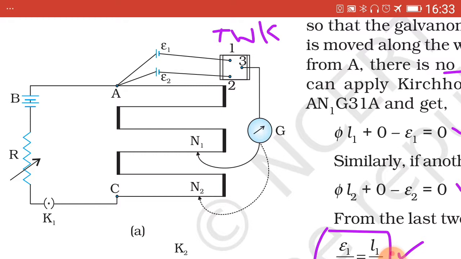From point A, two cells E1 and E2 having EMF E1 and E2 are shown, and they are connected to a two-way key, TWK, written in short over here. And from point 3, there are three terminals, 1, 2 and 3, of the two-way key.